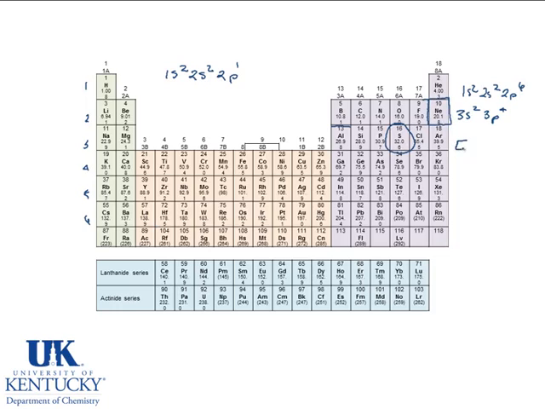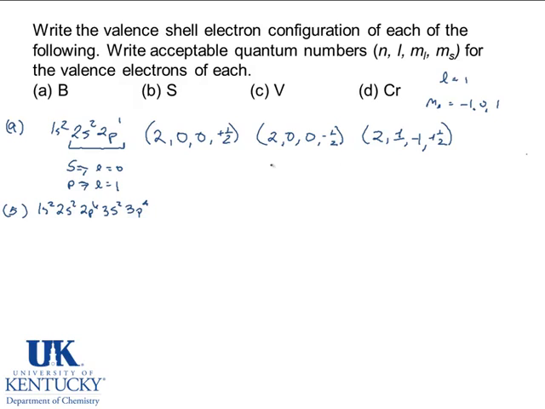So we could write neon and say everything is the same as neon, and then we enter the 3s, put in the 2 electrons, come across and enter the 3p, and put in the 4 electrons. So another way to write the electron configuration would be neon in square brackets, and then 3s2, 3p4.